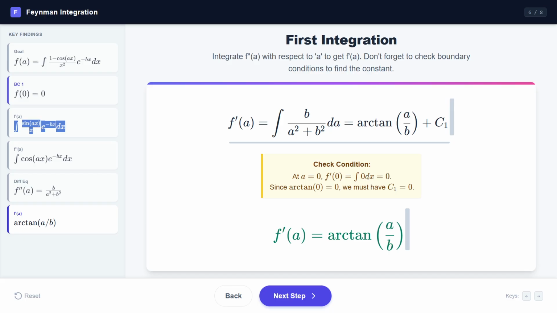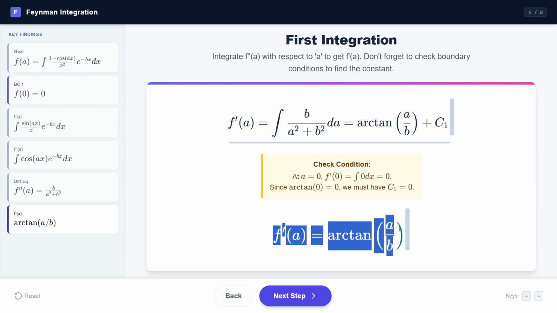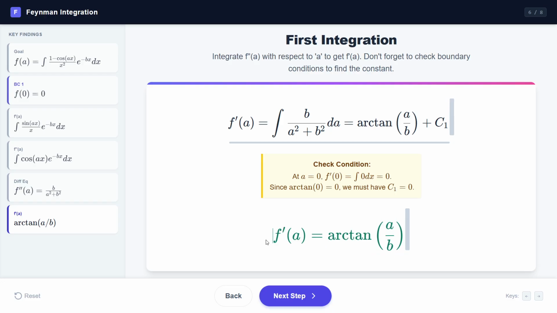All right, therefore the entire integral equals 0, and therefore we have c1 is equal to 0. If we use the condition f prime at 0 equals 0, we have 0 is equal to arctangent of 0, which is 0 plus c1. c1 is equal to 0. Therefore, we have our closed form expression for f prime of a.